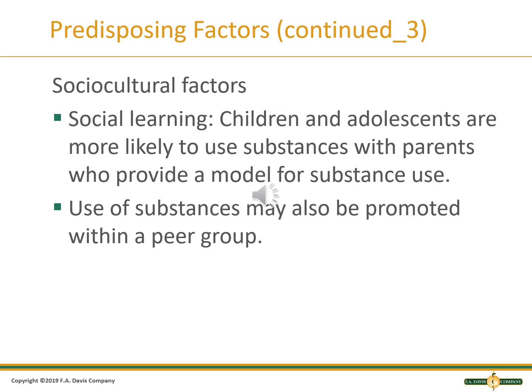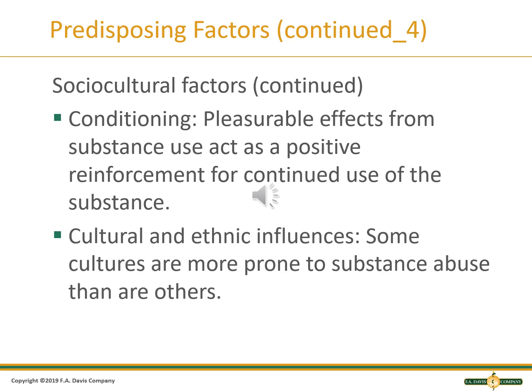Sociocultural factors. Families appear to be an important influence in substance use. Various studies have shown that children and adolescents are more likely to use substances if they have parents who provide a model of substance use. Sociocultural factors continued.